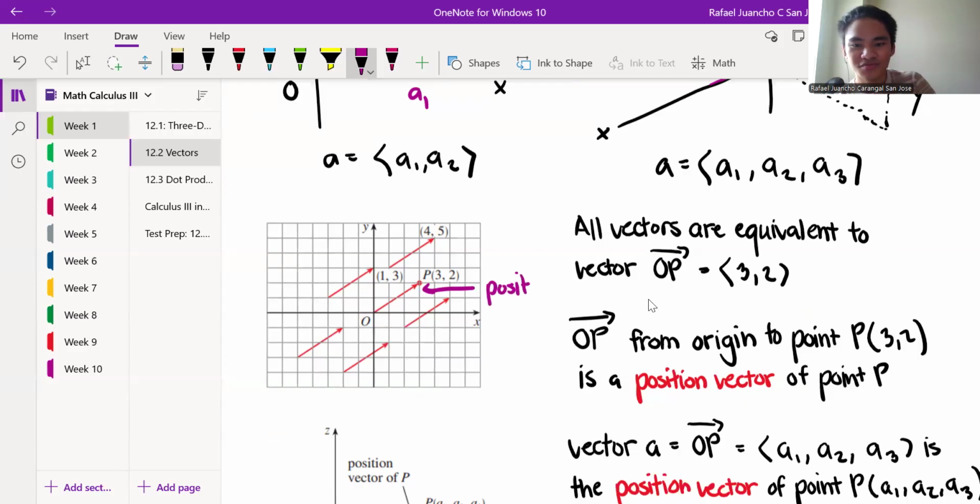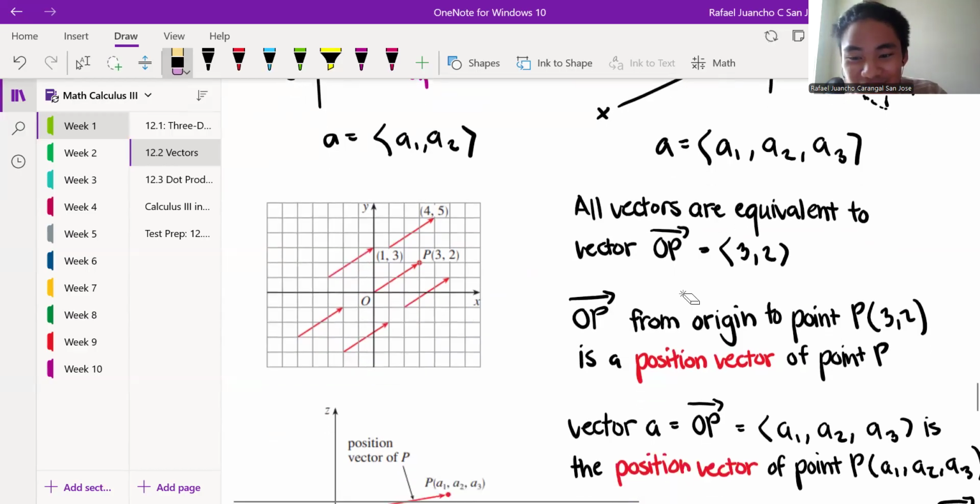What do we mean by position vector? It's basically the original one, the one whose tail is on the origin. At least from what I've learned so far, but you guys can correct me. I actually haven't finished these notes. I'm going to finish it on video.